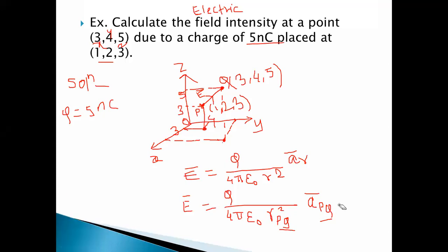This is only for your understanding; generally we write only R, into unit vector a bar R, or a bar R PQ. What is the final intention? You should write the correct unit vector there. So all of you noted this.